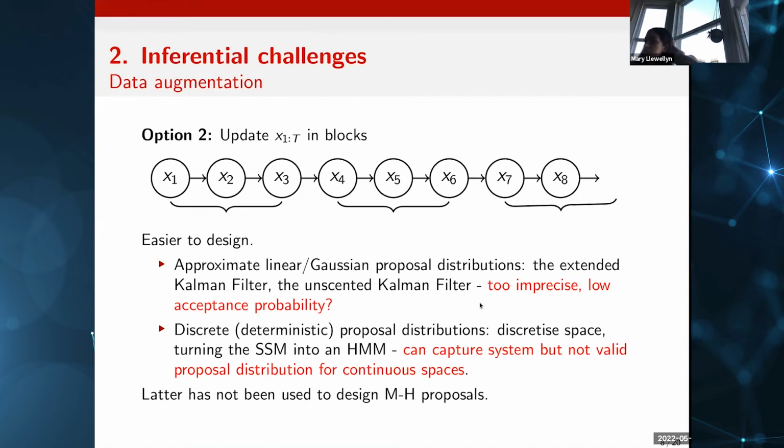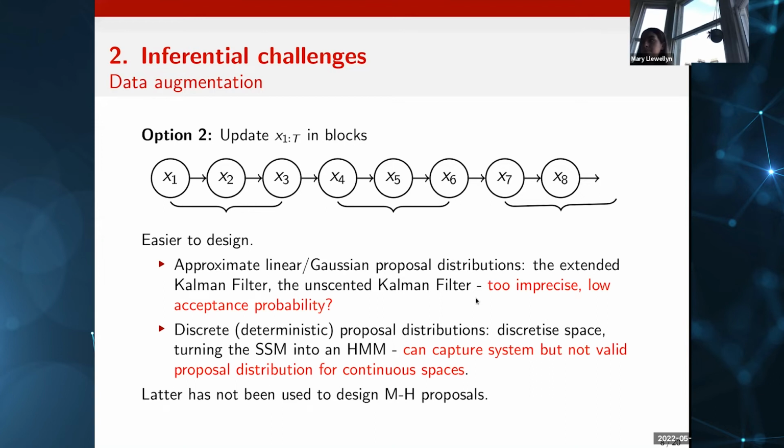So one approach to this: we had the 2 tractable cases before. We had the linear Gaussian case, where the state-space model is linear and Gaussian, in which case we have nice tractability properties, and the discrete case.